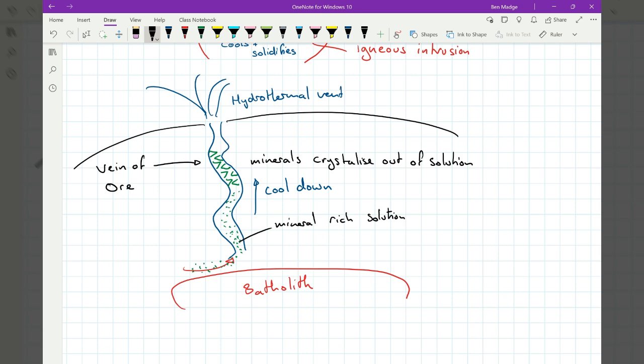And it will crystallize out in the order of least soluble crystallizes first. And we call this fractional crystallization.